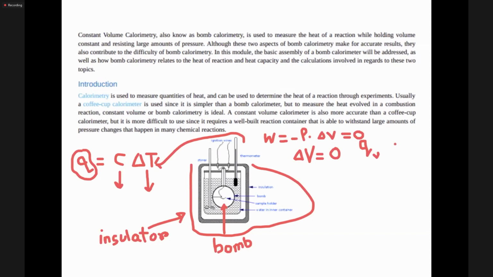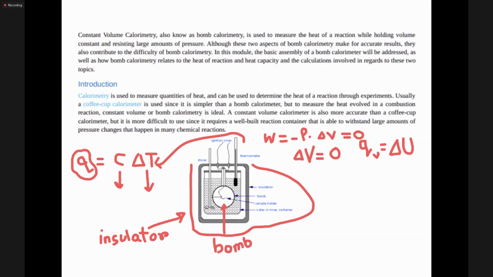So delta U is equal to Q plus W. From the first law of thermodynamics, delta U is equal to QV, because W is equal to 0. So since it is a constant volume in the bomb calorimeter, whenever you are asked what the work done is, it will be equal to 0, since no change in volume is taking place because of the sealed environment, and QV will be equal to delta U.